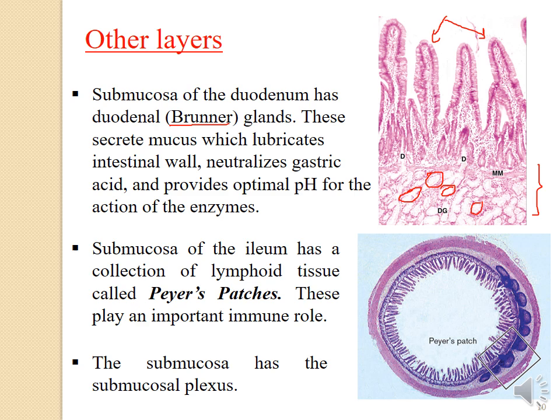Now, why is that? Most of the absorption takes place in the duodenum, and by the time food reaches the ileum, absorption is almost complete, and what remains is the undigested food material. And this is usually harder.